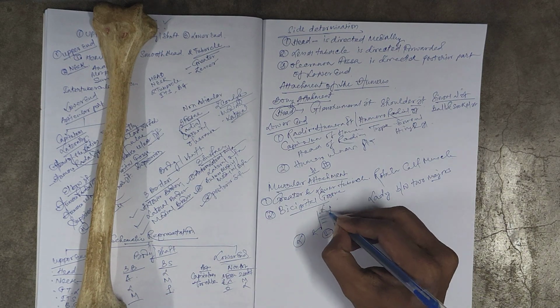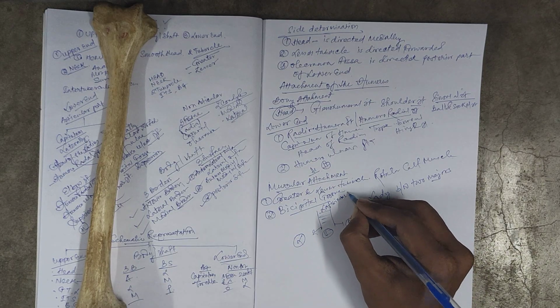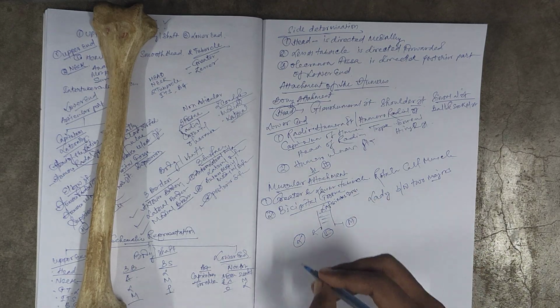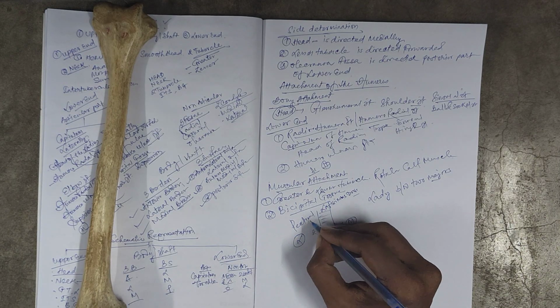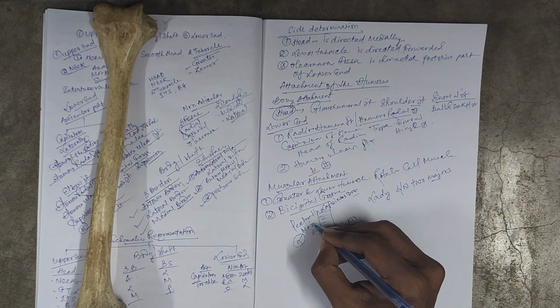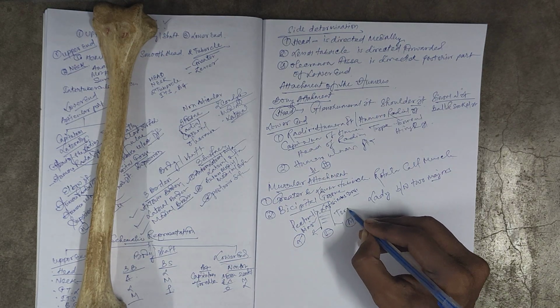Lady means latissimus dorsi, which is present in the floor. In the lateral margin there is pectoralis major, and in the medial margin there is teres major.